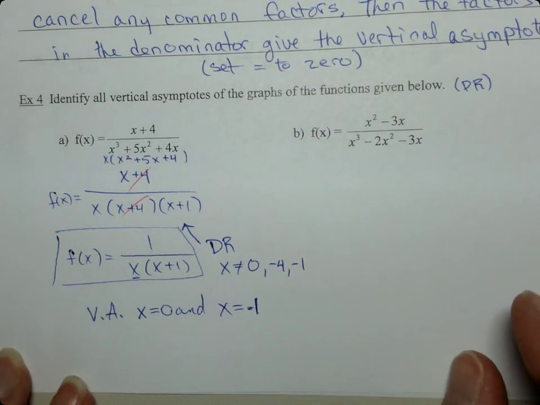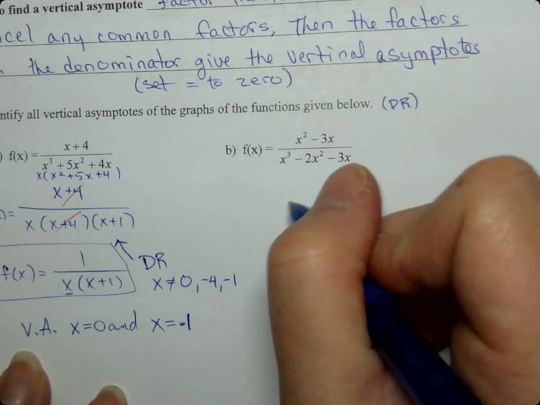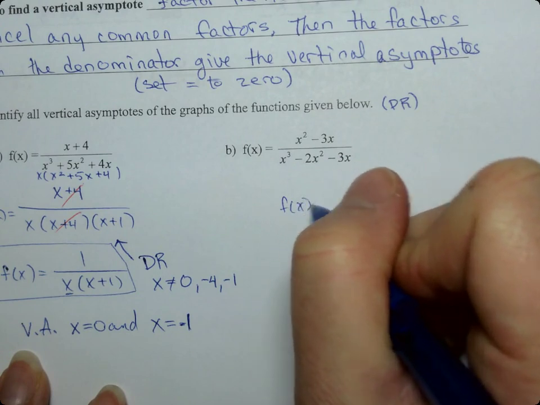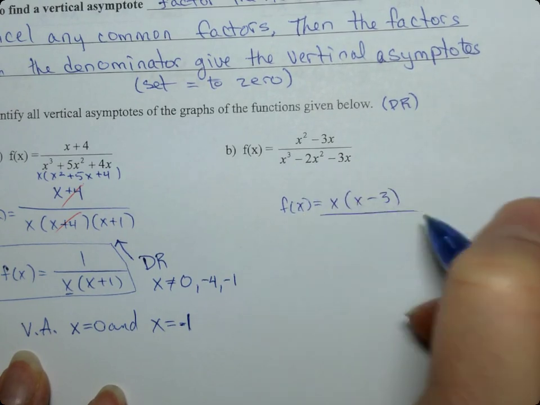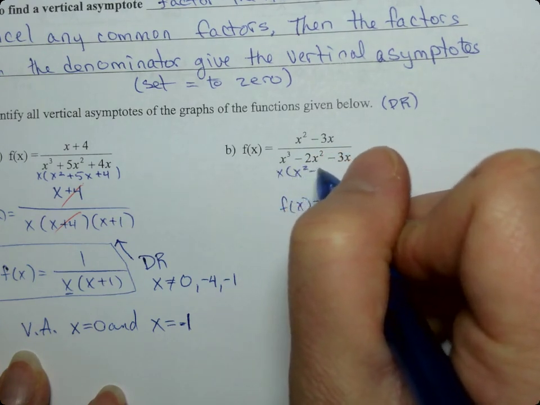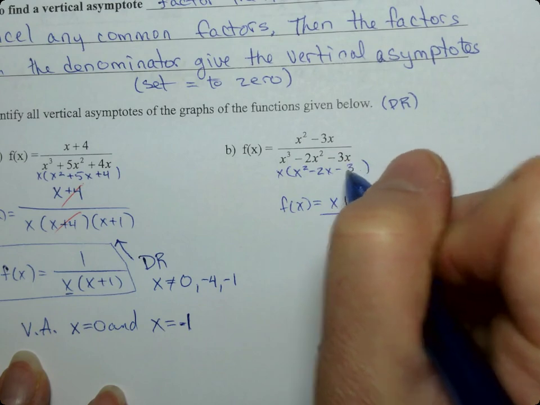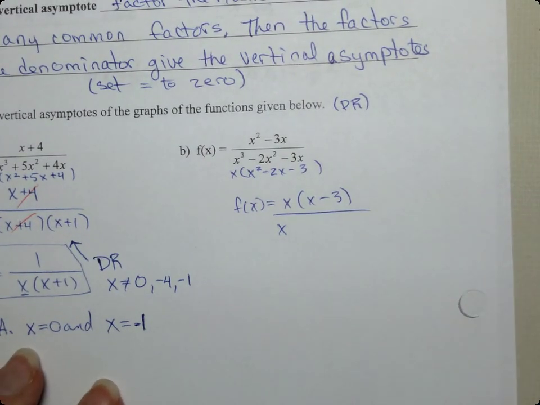All right, so look at the next one. First thing I'm going to do is take out the GCF in the top. So don't forget that basic GCF. And then the top's good. The bottom is going to have a GCF of x, and then let's factor that down. Again, more basic factoring, okay, but you should be able to factor all types of problems.